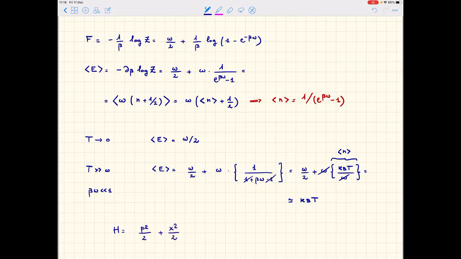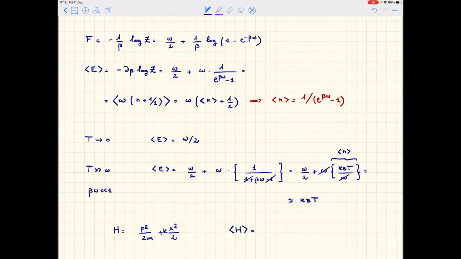I set all units equal to 1 for simplicity. We know that it doesn't matter. Put a 2m and a k here if you like. What is the average H in classical mechanics? In a microcanonical ensemble, let's say. What would be the average H?